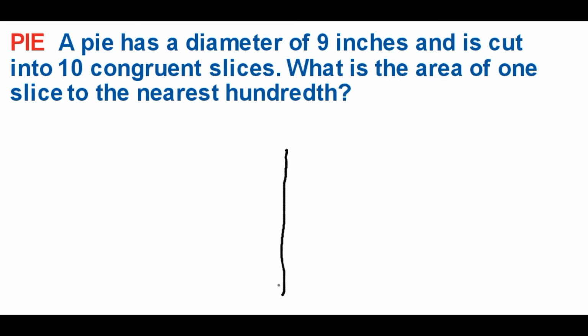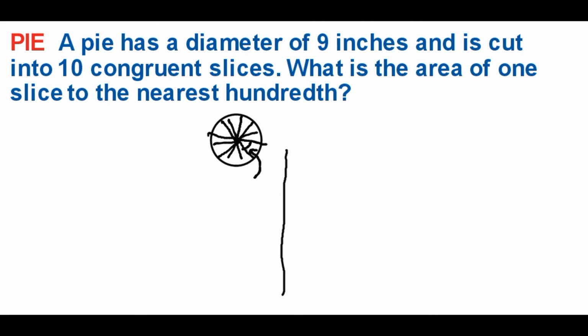Let's draw first the pie and see how we can find the central angle for it. Here's a pie, and this pie is divided into 10 congruent slices. Just imagine if these are 10 congruent slices, what is going to be the central angle for one of these slices?